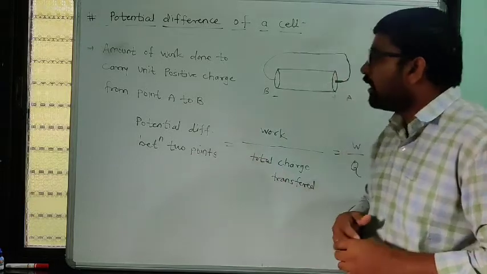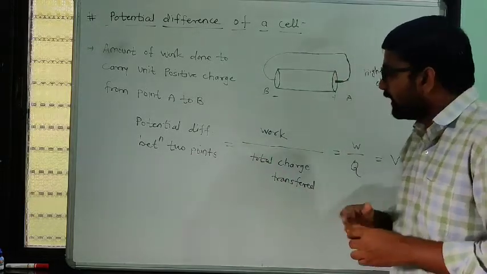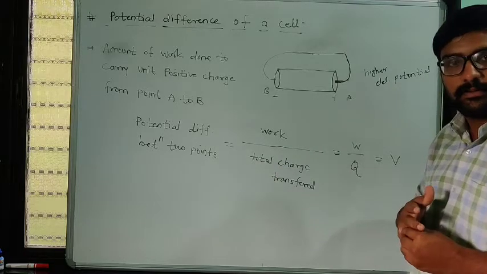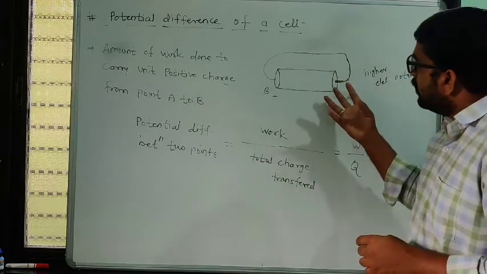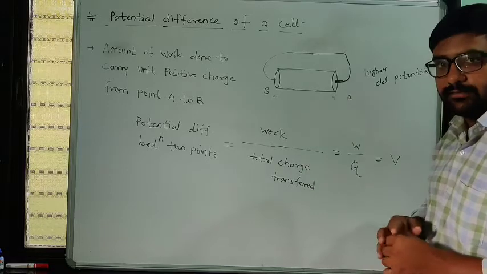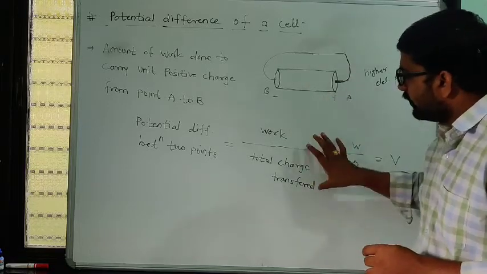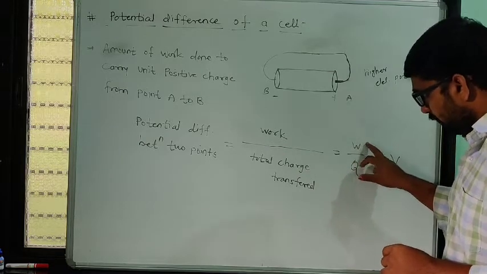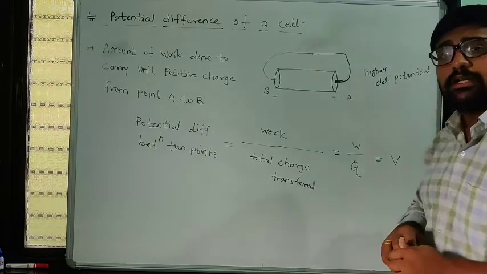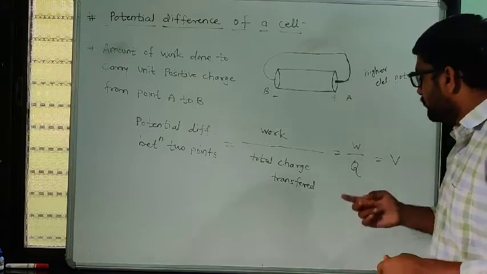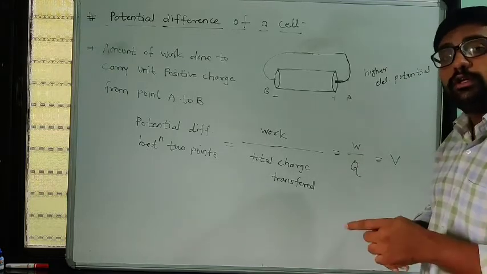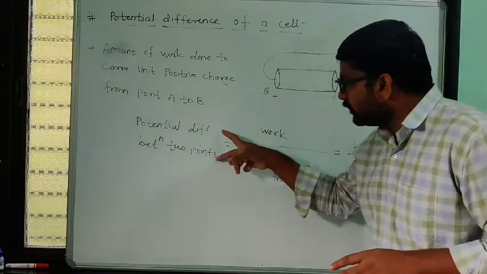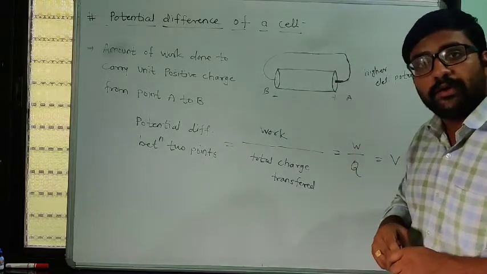The formula of potential difference is given by work done divided by total charge transferred, that is, how much charge we transfer from one point to another point. Work done is expressed by W, and total charge transferred is given by capital Q. So W by Q is the formula of potential difference between two points.